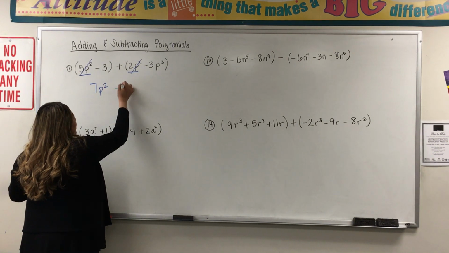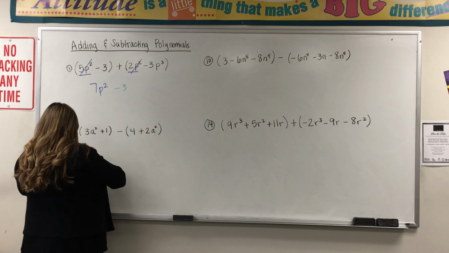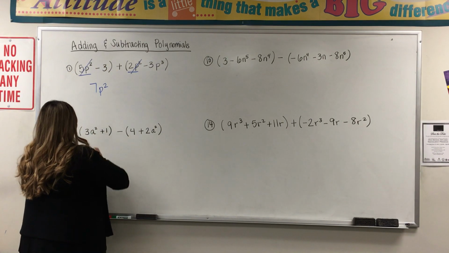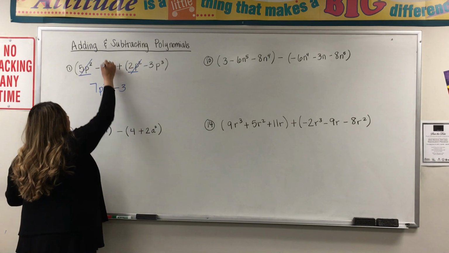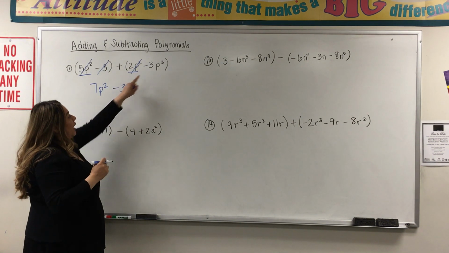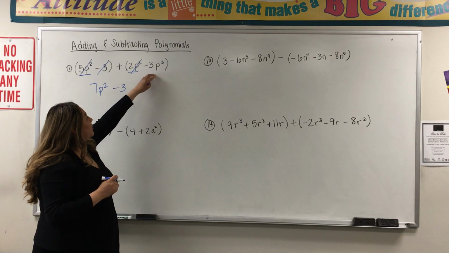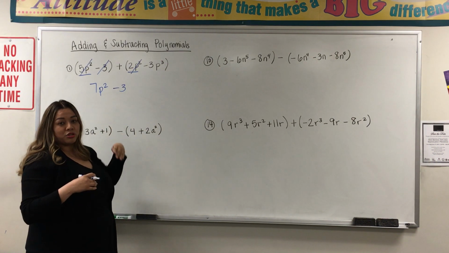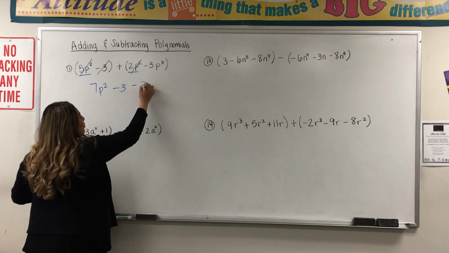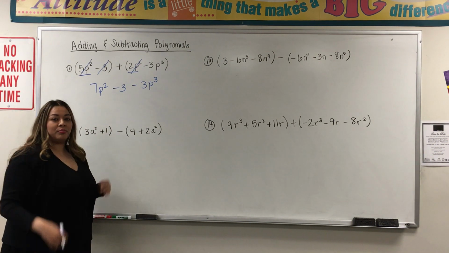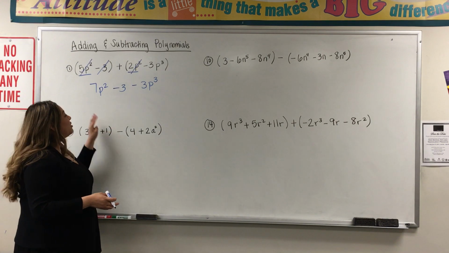So this just comes down to the -3, and I'm going to cancel it out once I bring it down. The last one that we have is -3p cubed. Again, it's by itself, so just drop it down. So -3p cubed.